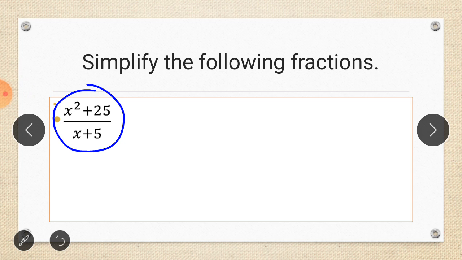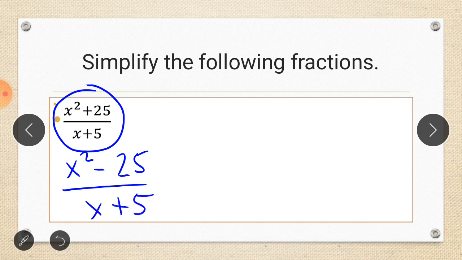But if the given is x squared minus 25 over x plus 5, this will be different because x squared minus 25 is a difference of two squares. So the factors of x squared minus 25 are the sum and difference of two binomials.